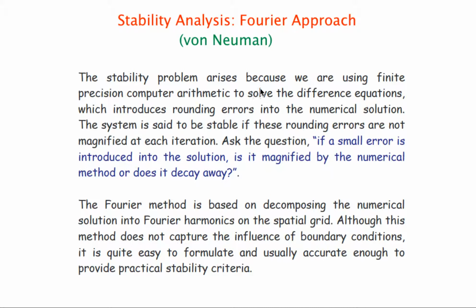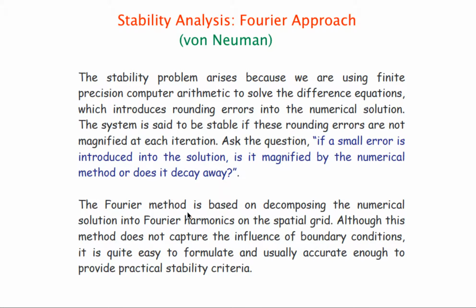So here we're going to consider the Fourier approach, which is due to von Neumann. This is quite straightforward, quite systematic, and quite easy to implement in order to check if the numerical representation, the finite difference representation, is stable or not.